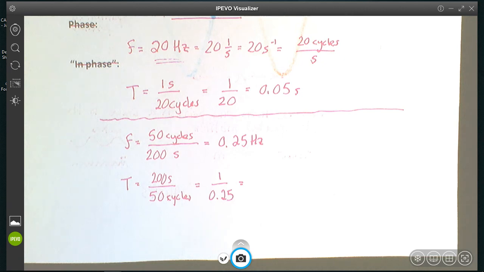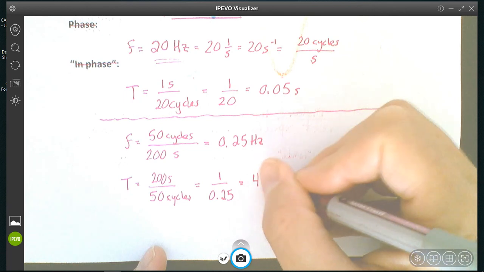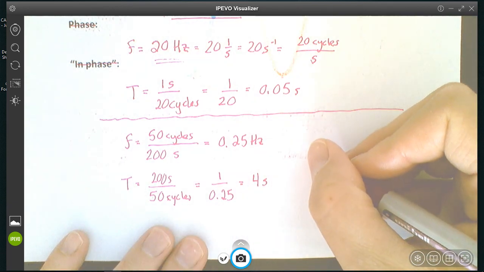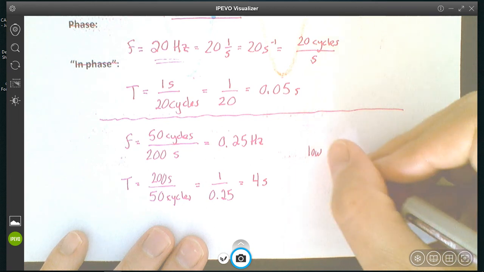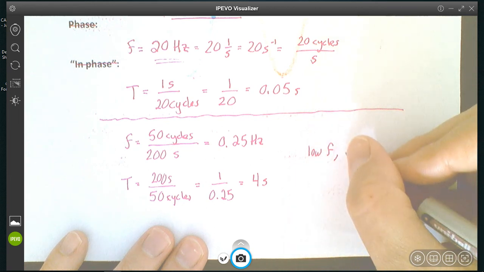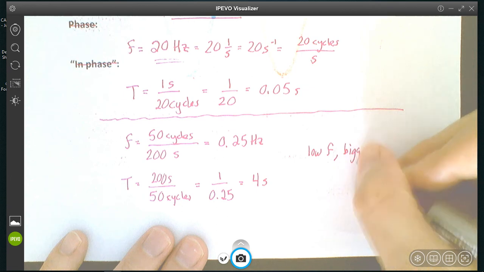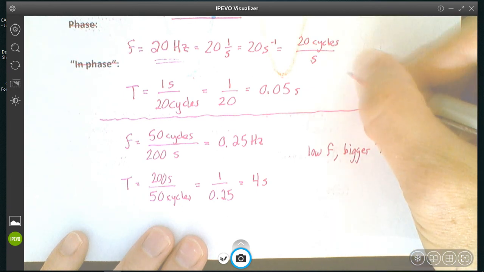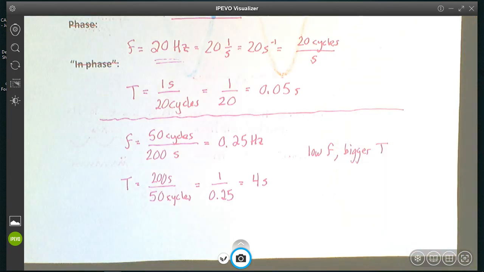If I do 1 divided by 0.25, I get 4. 4 seconds. So notice, low frequency, bigger period. Up here, high frequency, smaller period.